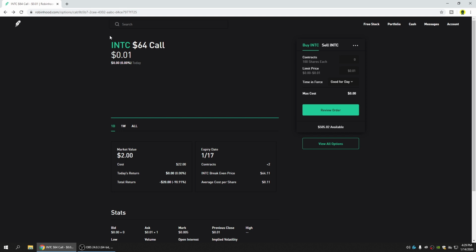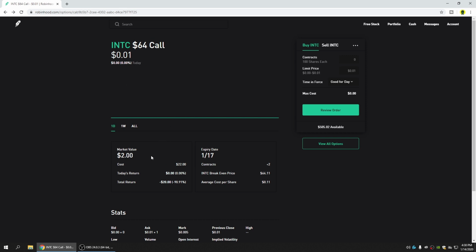So when you're buying an options contract, the strike price you say that it's going to is not actually what it needs to go to for you to make money. You actually need to go to your strike price plus whatever you paid. So in this case, on the INTC, the shares would have to go up to 64.22, because on a call, what you're saying is that you have the ability to buy the shares at $64 if the share goes above $64.